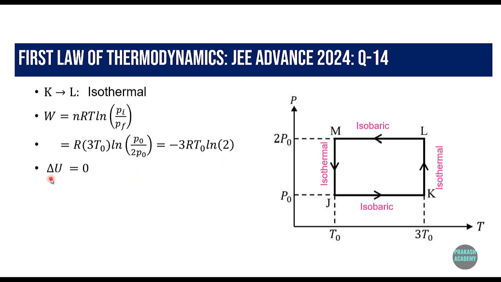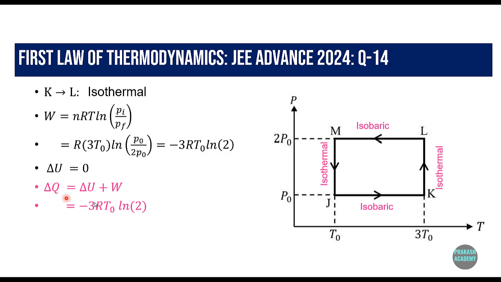And what is the change in internal energy for this process? The change in internal energy is 0 because temperature is constant. We also have to find delta Q, that is the heat in this process, which is one of the options. So we can use the first law of thermodynamics, that is dQ equals dU plus dW. So dU is 0 and W is minus 3 R T naught ln 2.